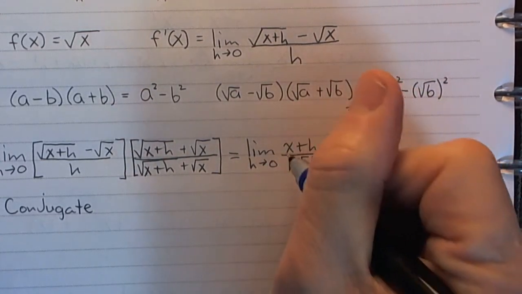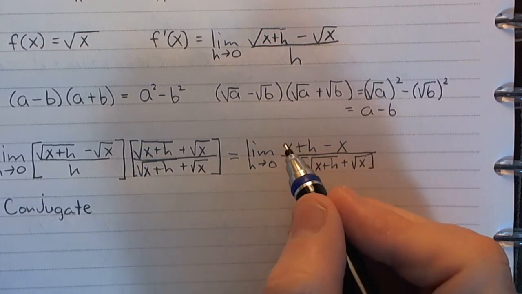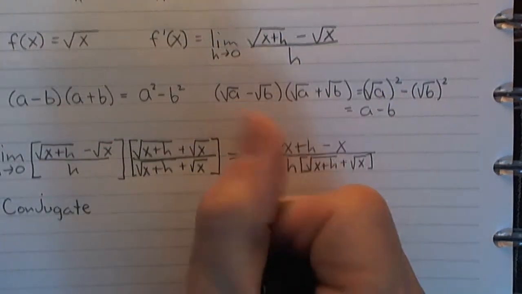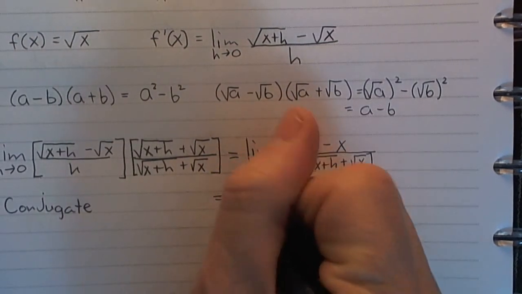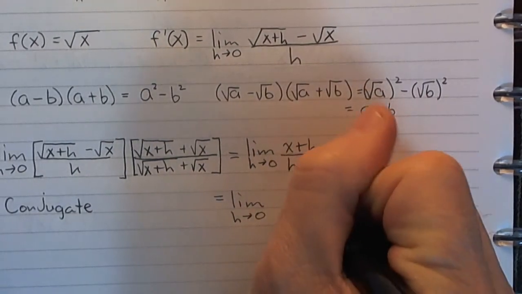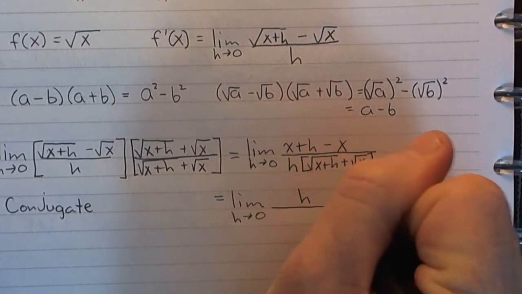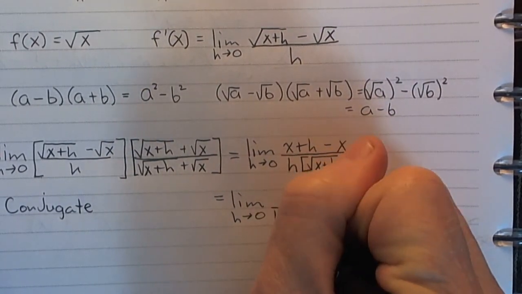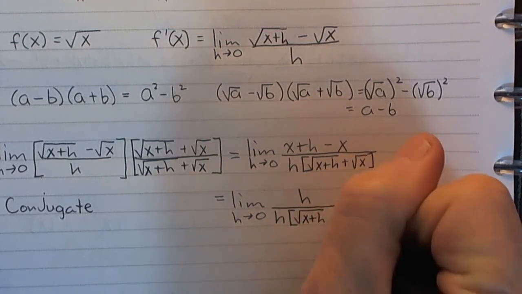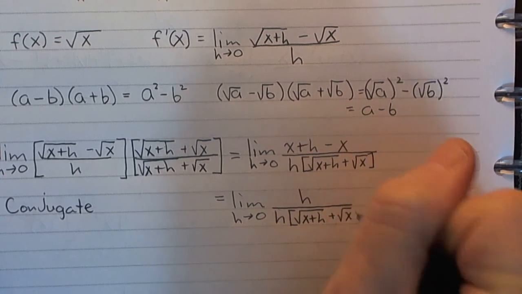Now, the top simplifies nicely because the x's cancel. We have the positive x and the negative x here. So now let's see what we have. We have the limit as h goes to 0 of h over h times the square root of x plus h plus the square root of x.